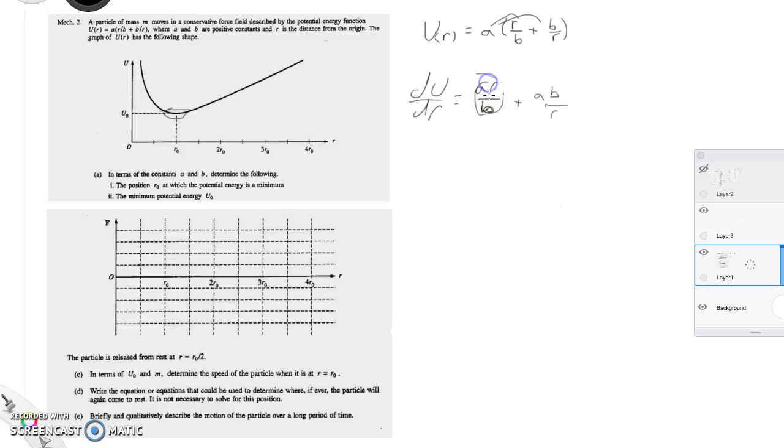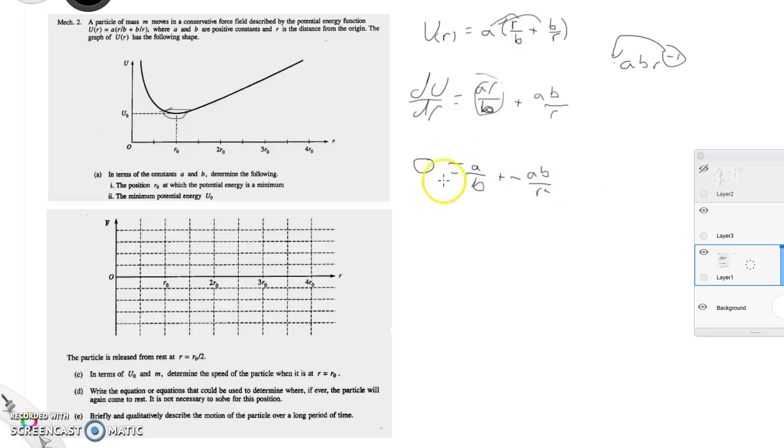For this term, the derivative of r is just 1, so this becomes A over b. And for this term right here, this is going to become negative Ab over r squared. The way we get that is that we can rewrite it as Ab r to the negative first. We multiply by the negative 1 and subtract 1 from the exponent. We get this, and we'll set it equal to 0.